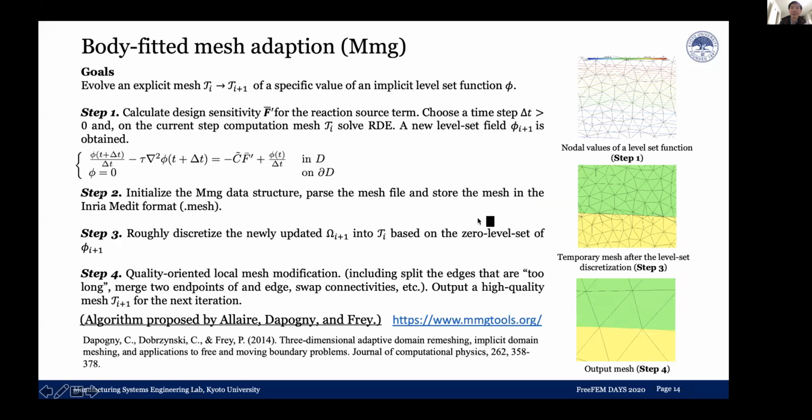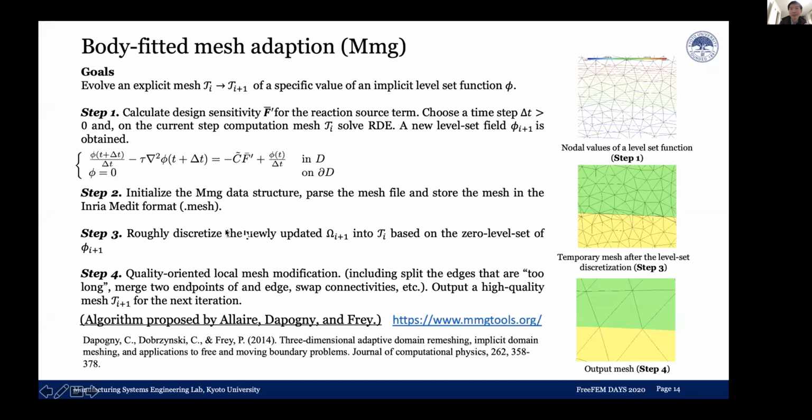Step three, we roughly discretize the newly updated omega into the old mesh T based on the zero level set interface. So if the zero level set cuts the old mesh, we add some new nodes on the boundary. That is why we call it a body-fitted adaptive mesh strategy. And finally, we improve the local mesh quality for outputting a new mesh using step 4.